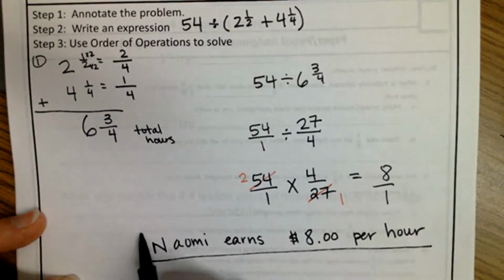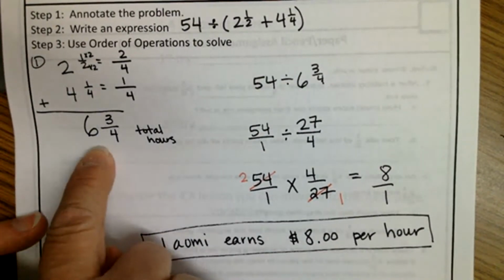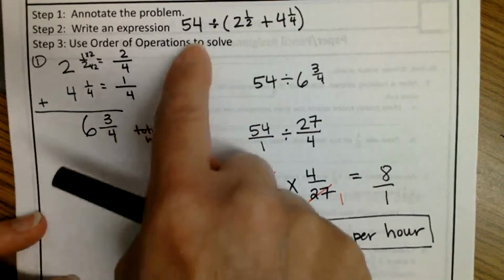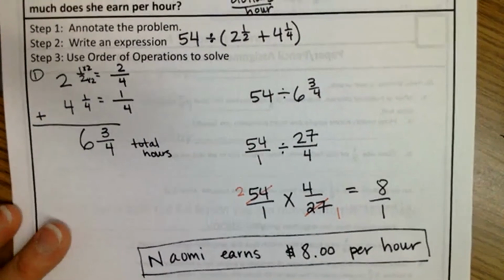Okay, $8 per hour, and she mowed lawns for 6 3/4 hours. That's how she made her $54. All right, so this last lesson, 4.4, is putting the operations all together in multi-step word problems.